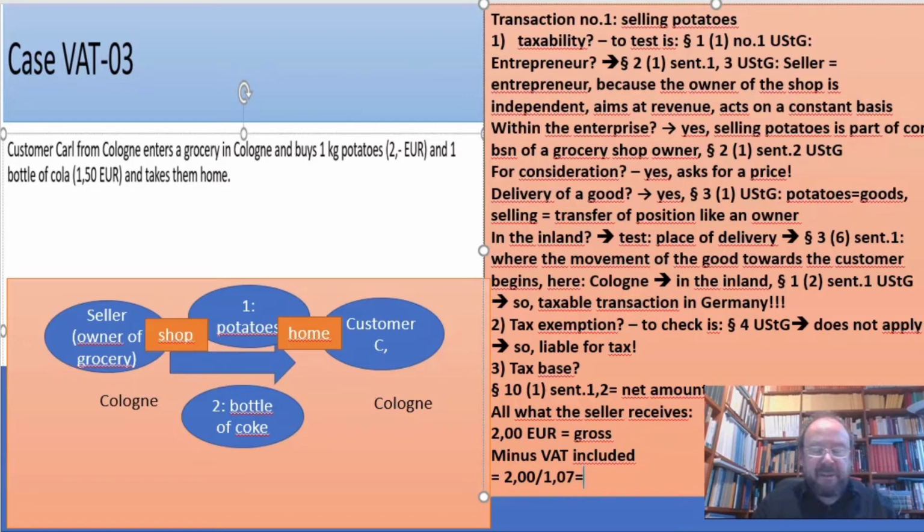And what comes out is then €1.86.9. Oh, 1.86.